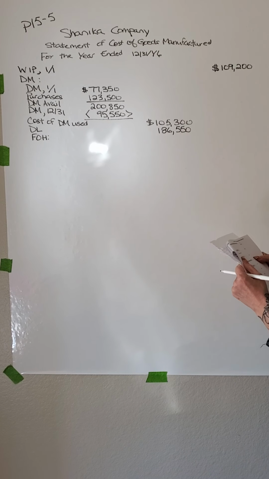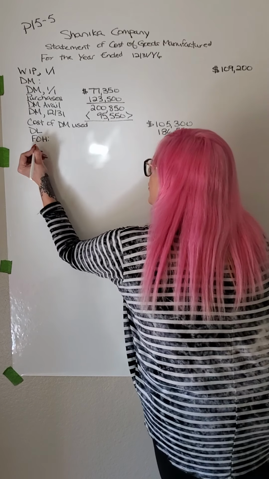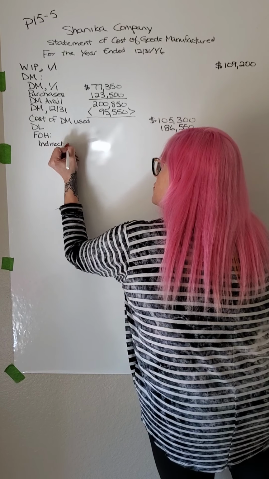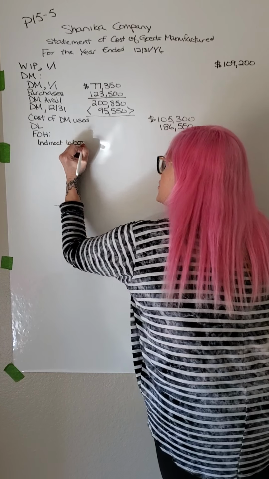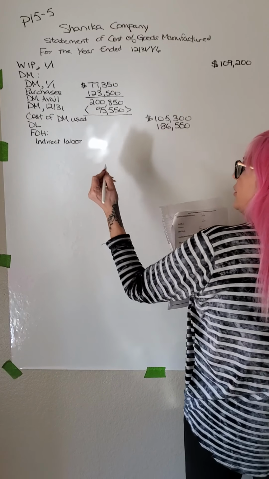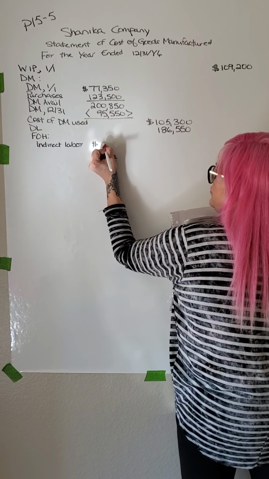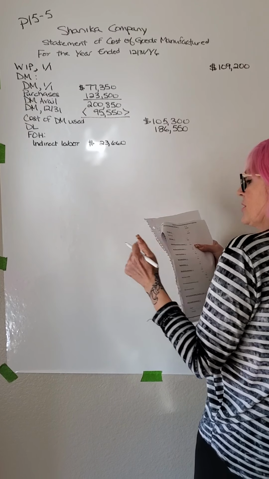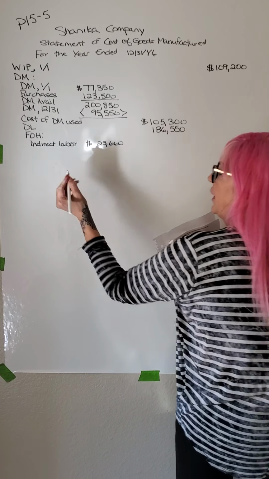So we're going to have our indirect labor. That might be those production supervisors, things like that, of $23,660. The next one is we have depreciation on the factory equipment.